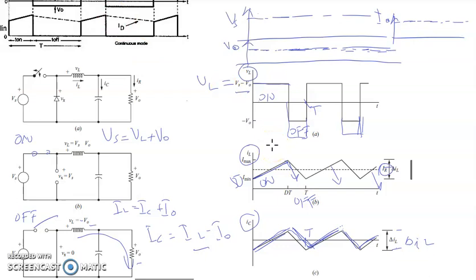The assumption that we made here is that the circuit is operating at steady state condition, and the inductor current is continuous, meaning it will always be positive. And the capacitor should be considered as a very large value, sufficiently large, so that the output can be held constant. The function of the capacitor is to maintain the output voltage level at your load.